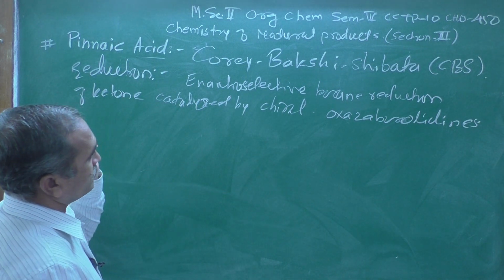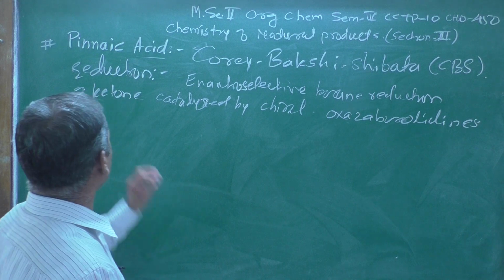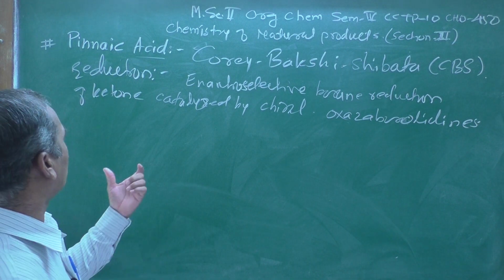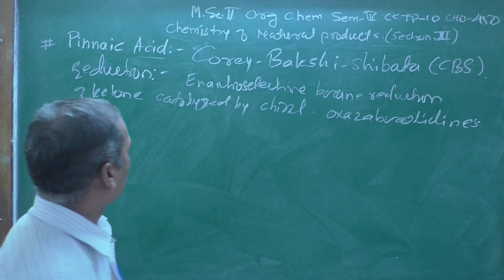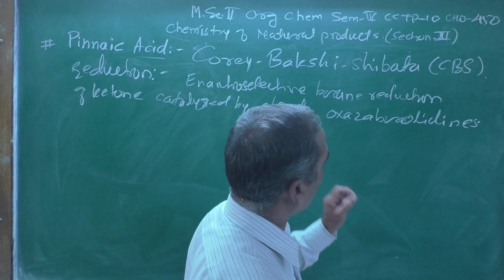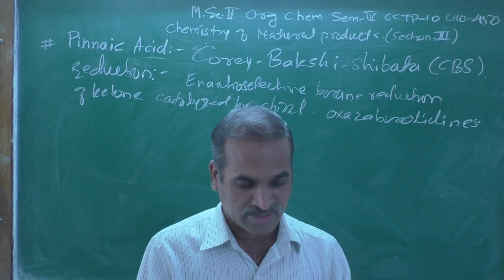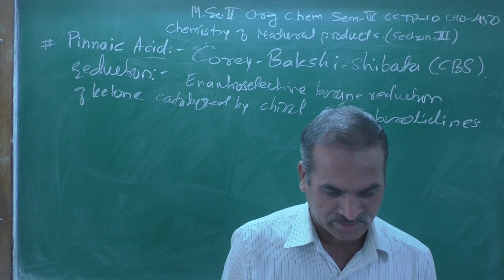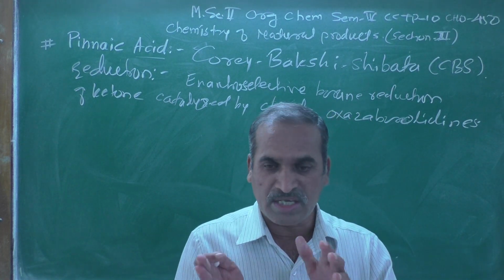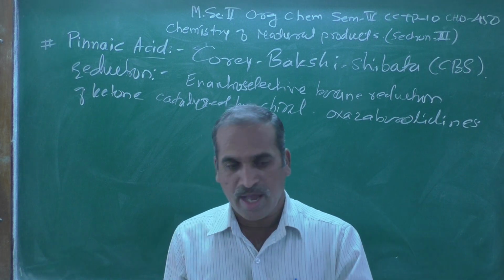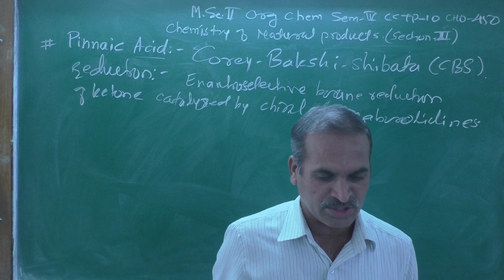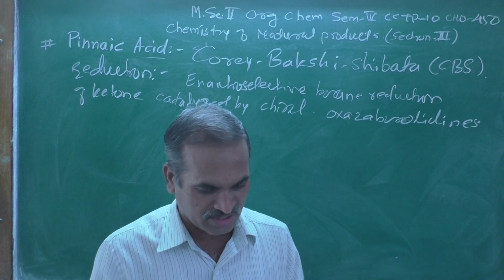Corey-Bakshi-Shibata, shortly known as CBS reduction, the enantioselective borane reduction of ketone catalyzed by chiral oxazaborolidines. We are going to see in detail how this reaction is beautifully applied during this synthesis.